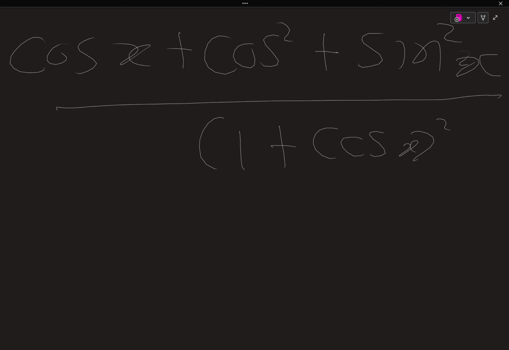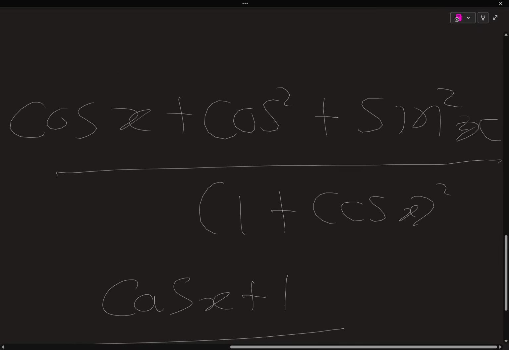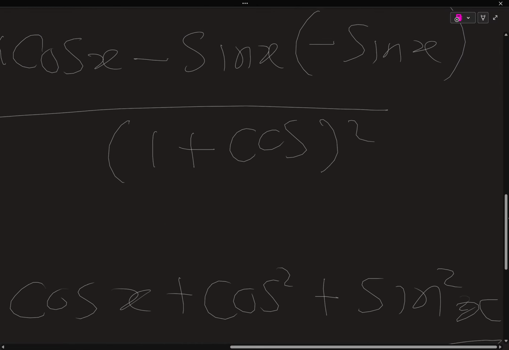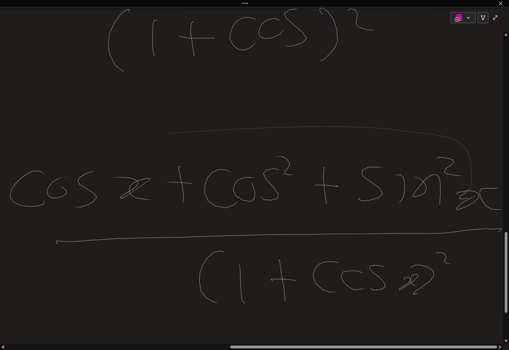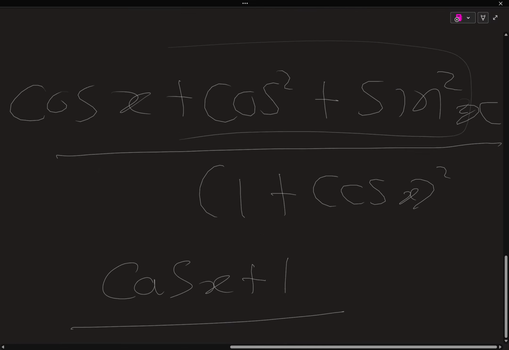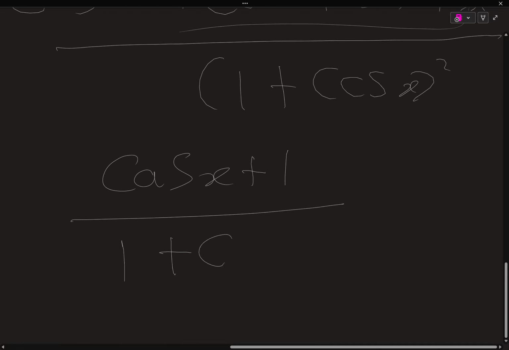We're going to say cos squared plus sine squared is simply a trig identity, which equals 1, so the top is cos x plus 1, over 1 plus cos x squared.